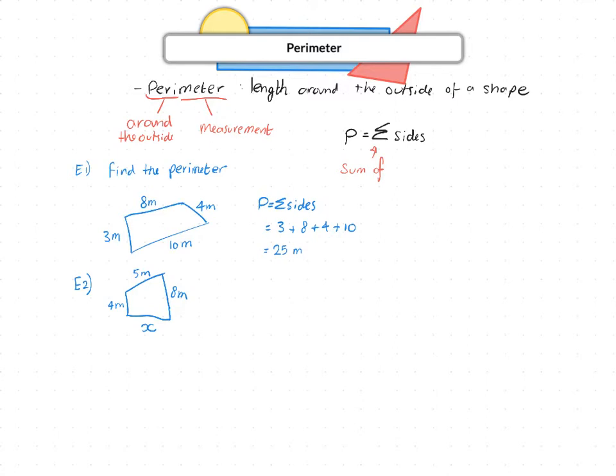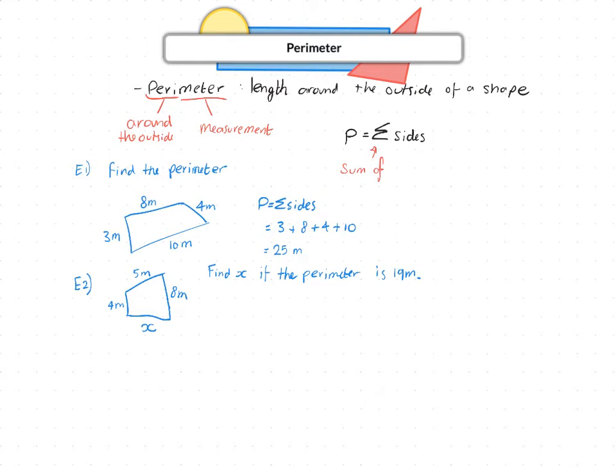And we might be asked to find x if the perimeter, so we're being given the perimeter here, is 19 meters. So it's kind of the reverse here. We know that all of the sides need to add up to 19 meters.